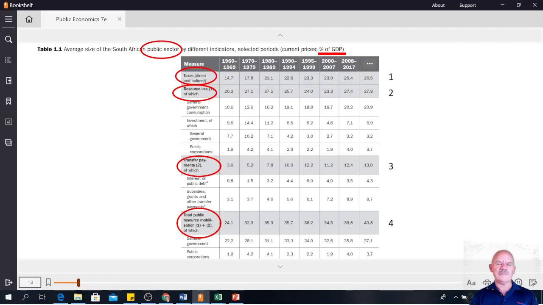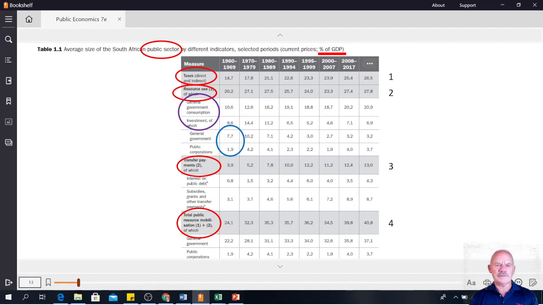So there are two definitions in the book which they will require you to know, namely the difference between resource use and resource mobilization in row 4. Now, resource use is the sum of government consumption and government investment. And the investment is both by the general government and public corporations.